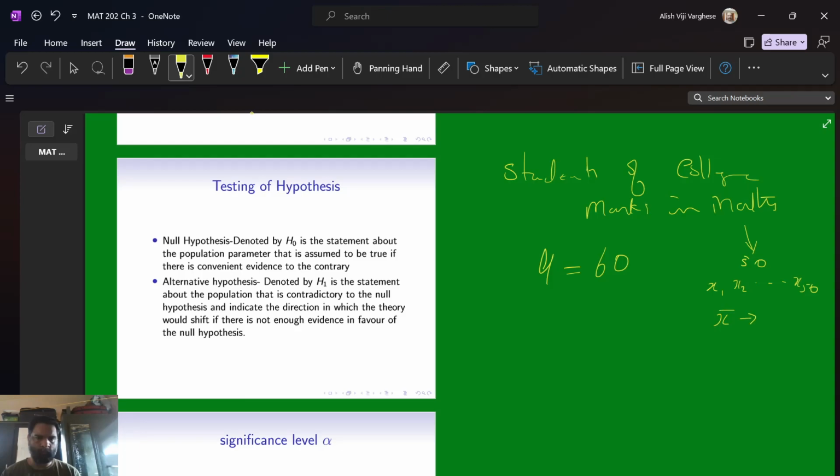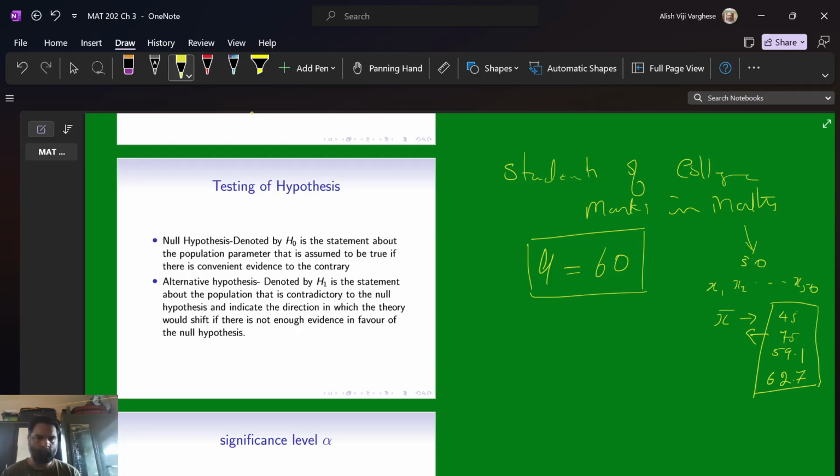and find out the average mark of the sample. And based on the value of x bar, say the x bar may have some values like 45 or 75 or 59.1 or 62.7, etc. These are all possible values of x bar. Then, based on these values, I make a decision about my statement about the population, like the average mark is equal to 60.